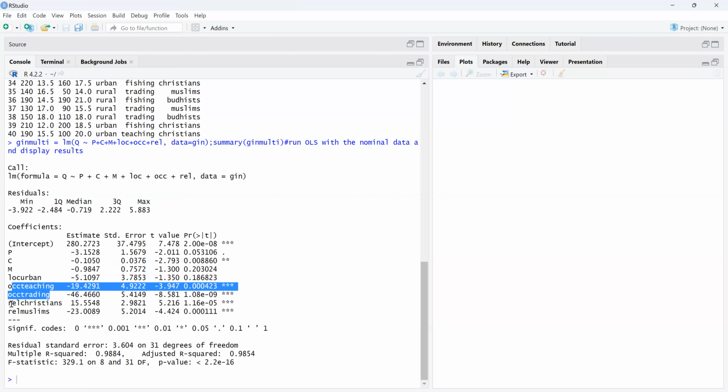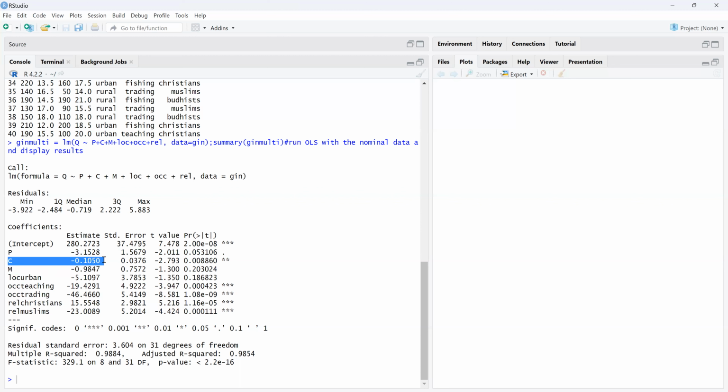Even though there are 3 levels of religion, I just put them together and say given religion. So you don't have to say given religion Christian and then religion Muslim or religion Buddhist. You don't need to do that. That's how you interpret this complement price.